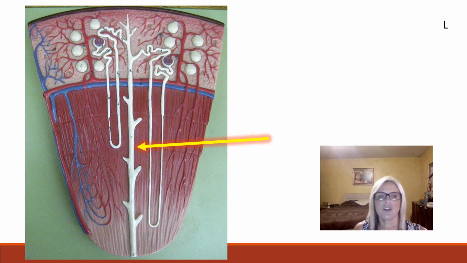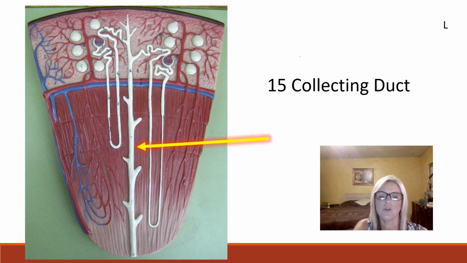And then we've already mentioned it, but this is the collecting duct. And you can see they're only showing 2 nephrons, but there are going to be many, many different nephrons, several nephrons that are emptying into a collecting duct, which physically connects the nephrons to the minor calyx. So this is the last part of the nephron.